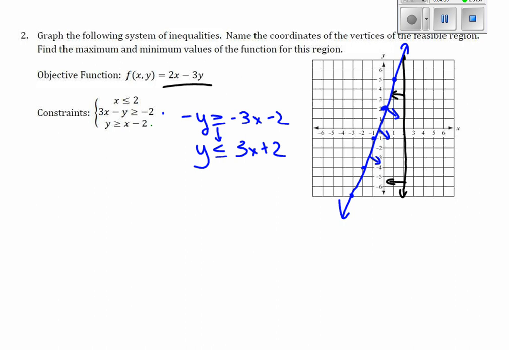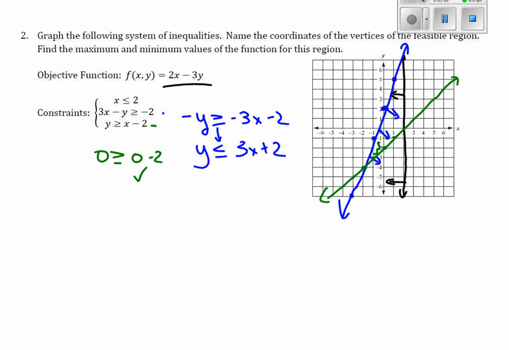Then my last one, y equals x minus 2. That's going to be right here, and that is a straight diagonal. So now the question becomes, am I shading down or am I shading in the middle? Well, plug in 0, 0: 0 greater than or equal to 0 minus 2. Yes.